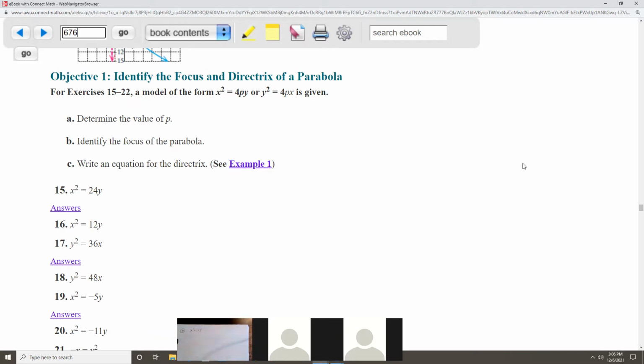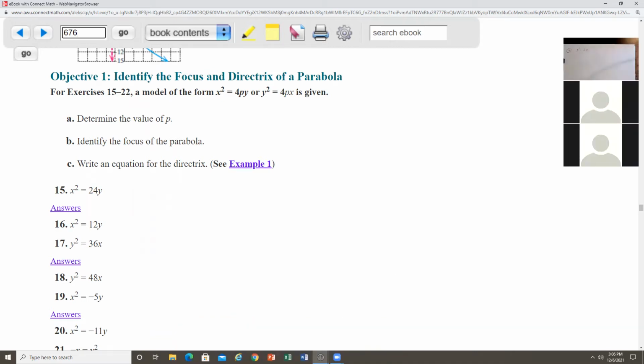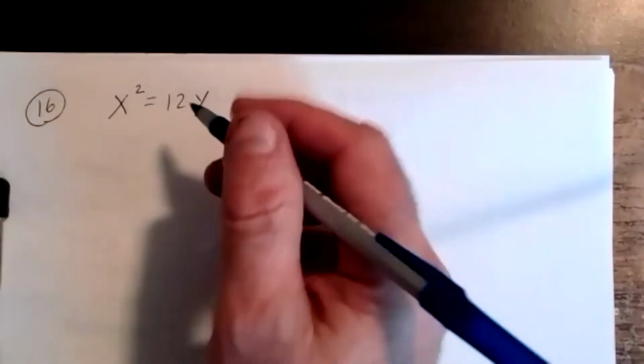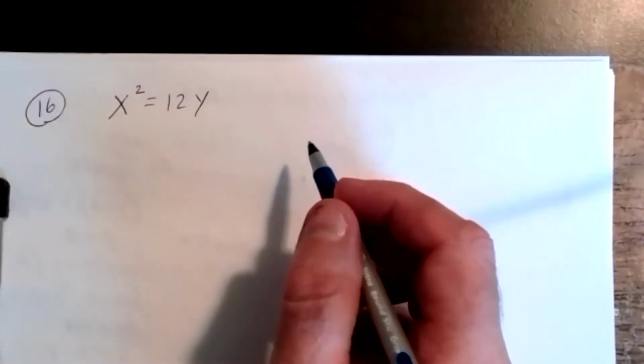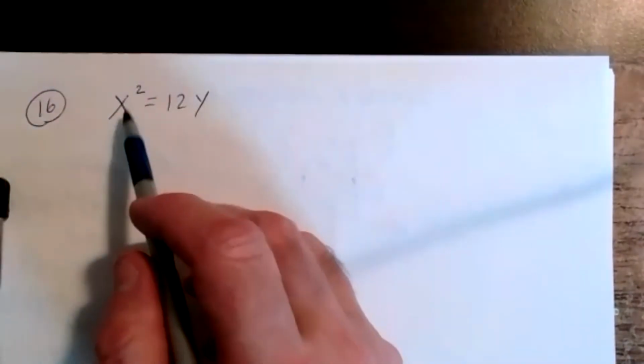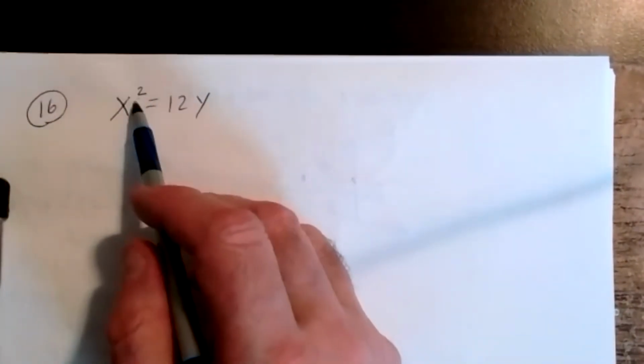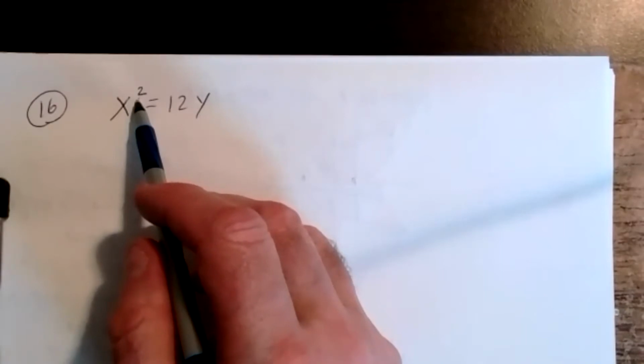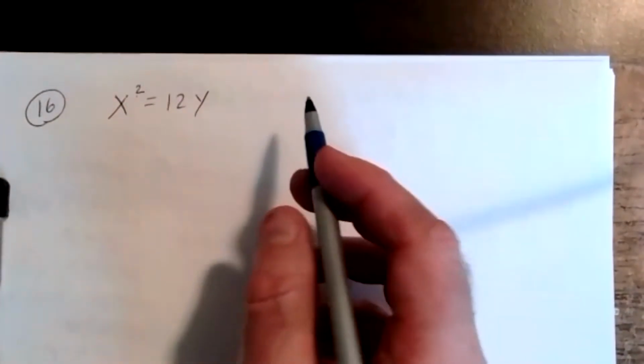And I have a question for you, ladies and gentlemen. What type of parabola are we looking at here? The up-down or the right-left variety? Up, down. Yeah, because x is being squared, this has to be the up-down parabola family, not the right-left.